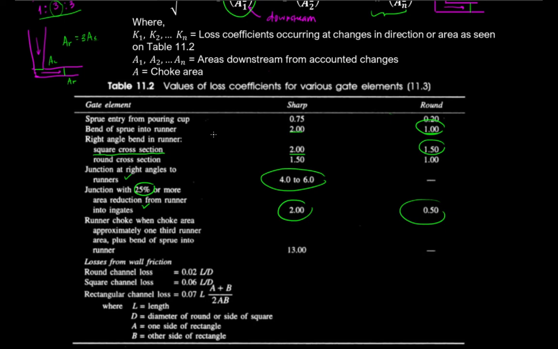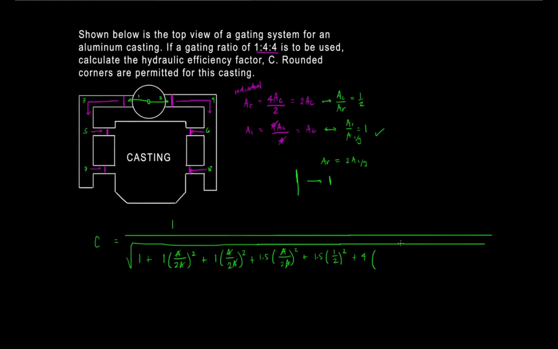We actually have a 50% area reduction, so we can use this gate element. So we have 0.5, again rounded corners, 0.5. So we have plus 4 times 0.5 multiplied by the in gate to choke area ratio, which is just 1, 1 squared.